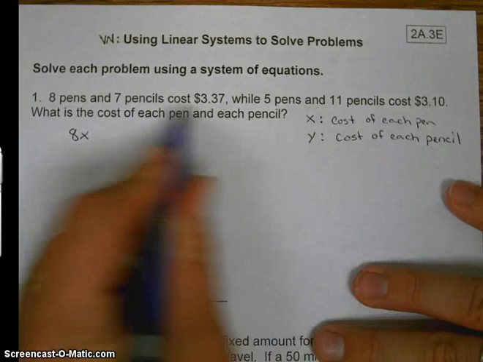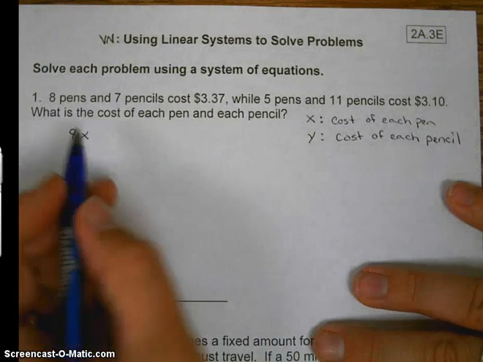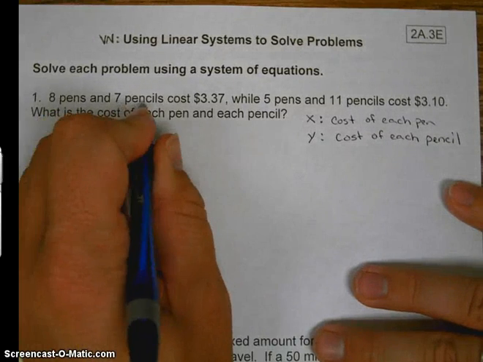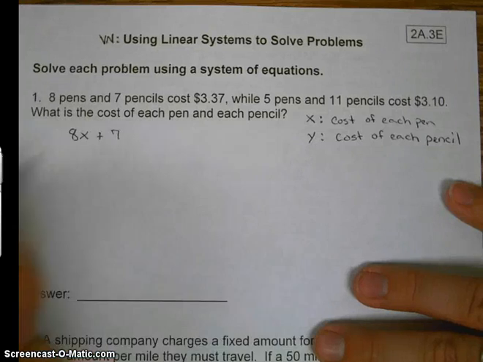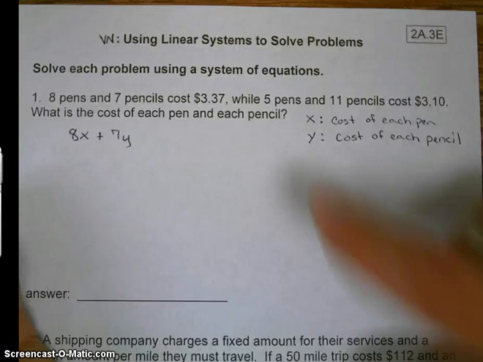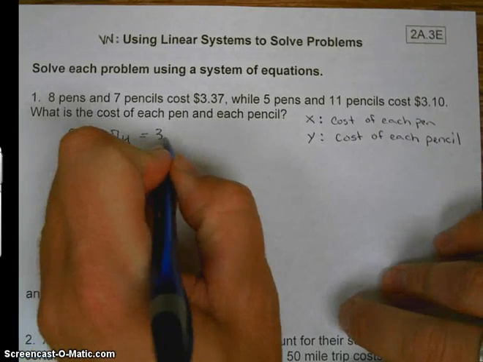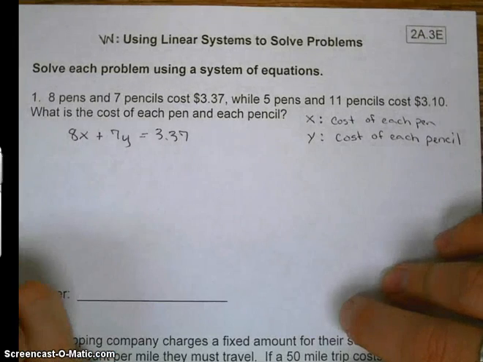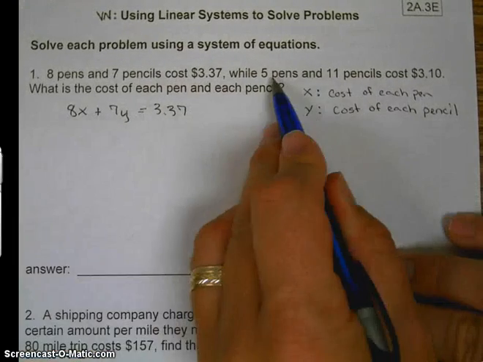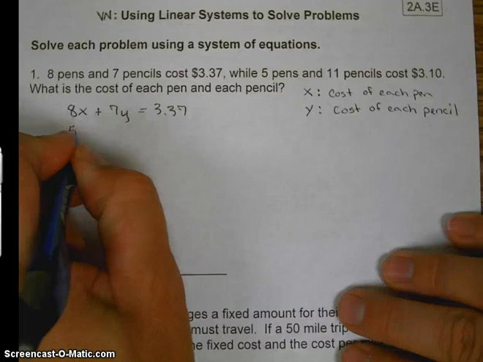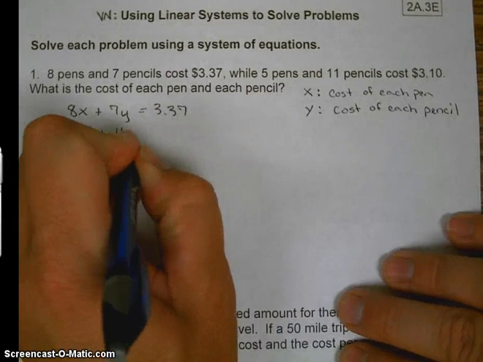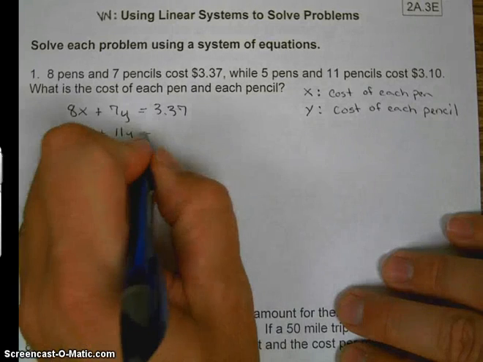So using a little common sense here, let's take a look. We're going to add the cost of the pencils. So we got 7 of them, and the cost of each one is Y. And our total is $3.37. Next equation, we have 5 pens, we have 11 pencils, so adding the cost of them together, we get $3.10.